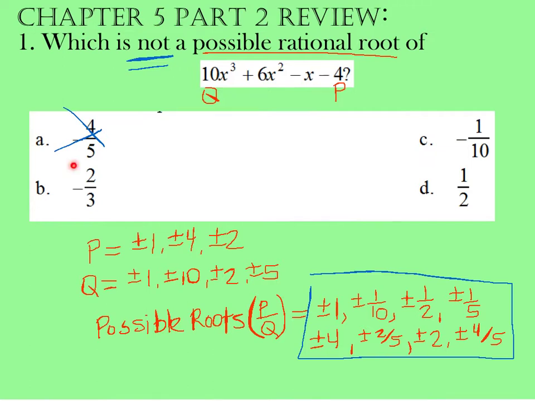I don't see negative 2/3 anywhere in my box, but I should keep checking the other ones. Negative 1/10, that's right here, so I can cross that one out. And positive 1/2, that's right here, so I can cross that one out. So the one that's not a possible root, my answer here is going to be B. Negative 2/3 is not a root.